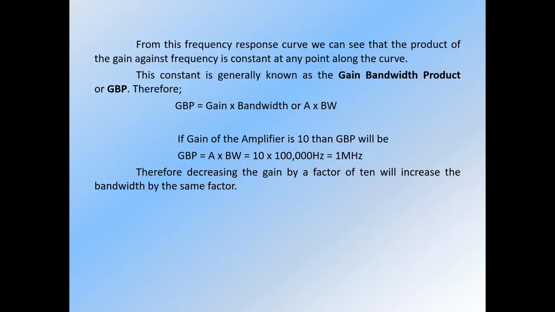This constant is generally known as the gain bandwidth product or GBP. Therefore, gain bandwidth product is equal to gain multiplied by bandwidth. If the gain of the amplifier is 10, then GBP will be equal to 1 megahertz. Therefore, decreasing the gain by a factor of 10 will increase the bandwidth by the same factor.